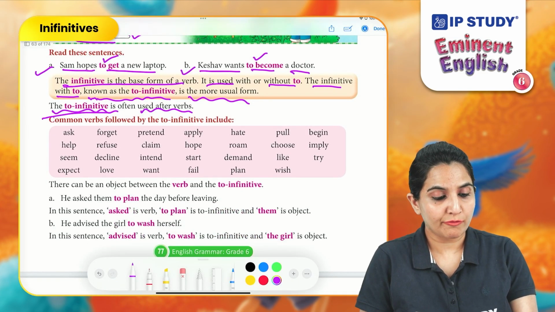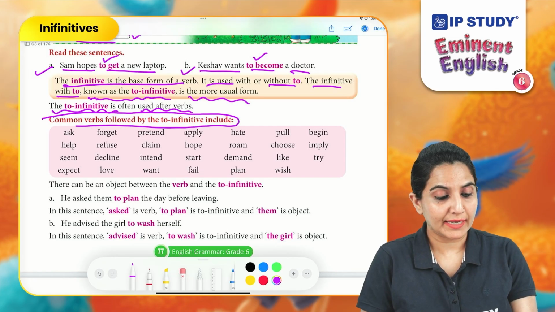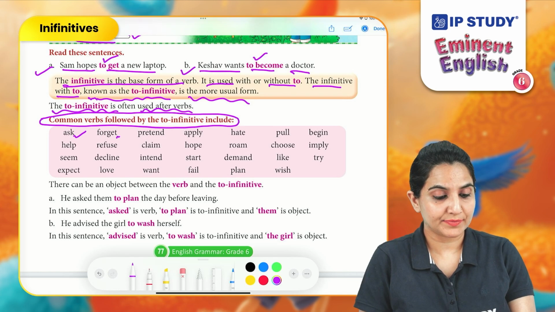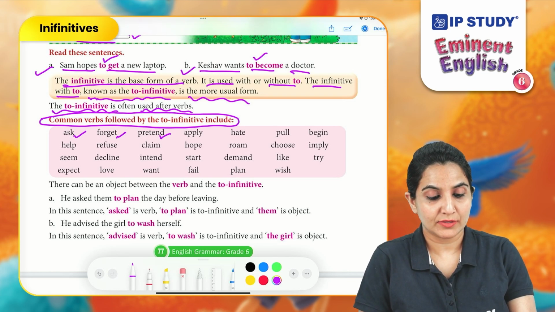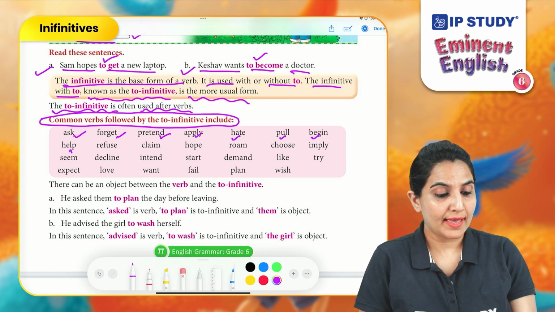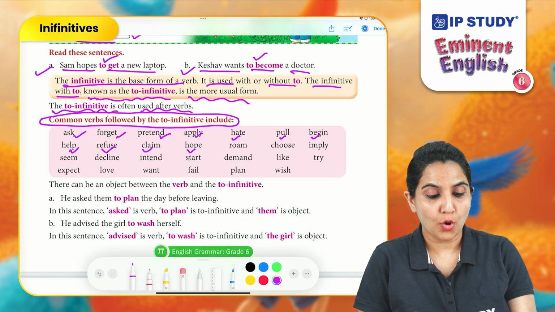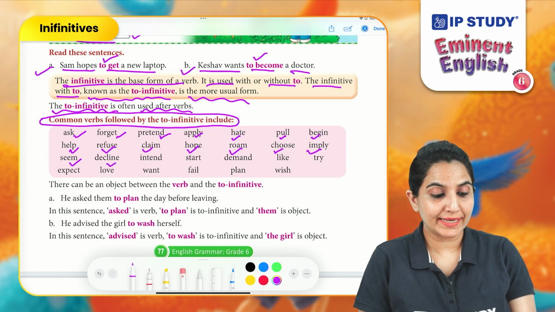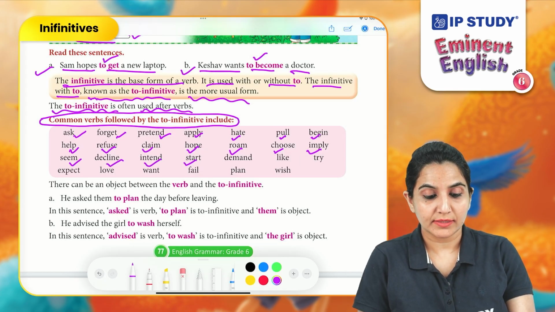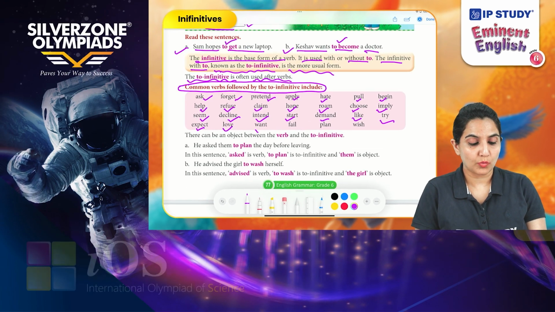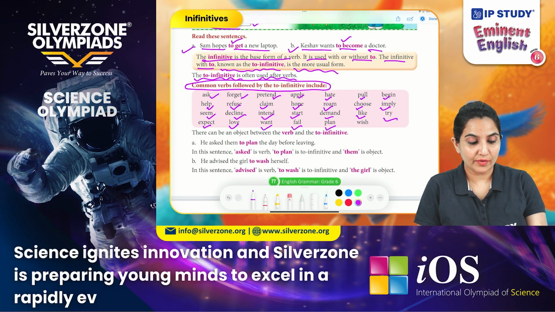Common verbs followed by the to-infinitive include ask, forget, to forget, pretend, to apply, to hate, pull, begin, help, refuse, claim, hope, roam, choose, imply, seem, decline, intend, start, demand, like, try, expect, love, want, fail, plan, wish.